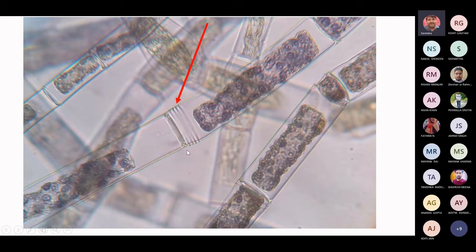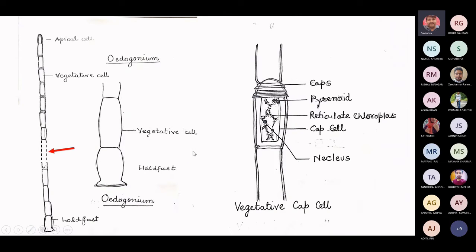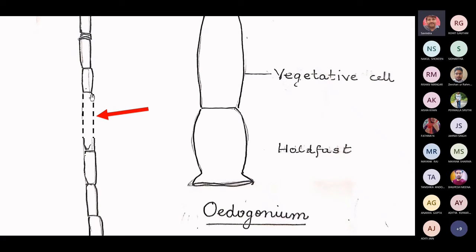Here is one more such structure. So based on what we have covered so far, here is what you have to do in the practical. First of all, you have to make a filament. But sometimes students make a direct filament. You should make the structure like this.